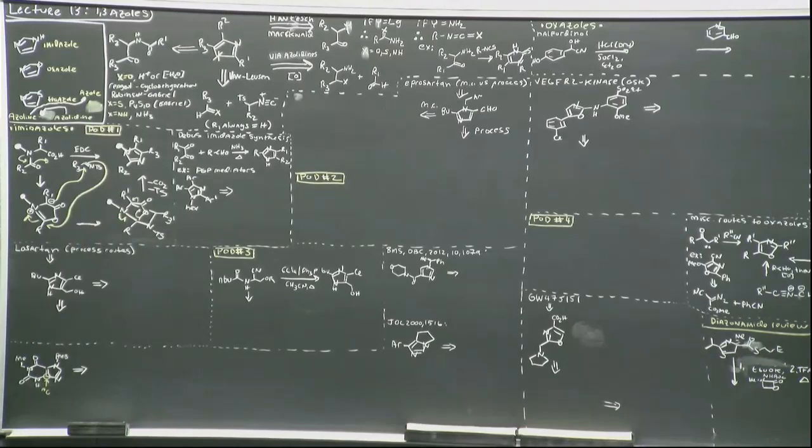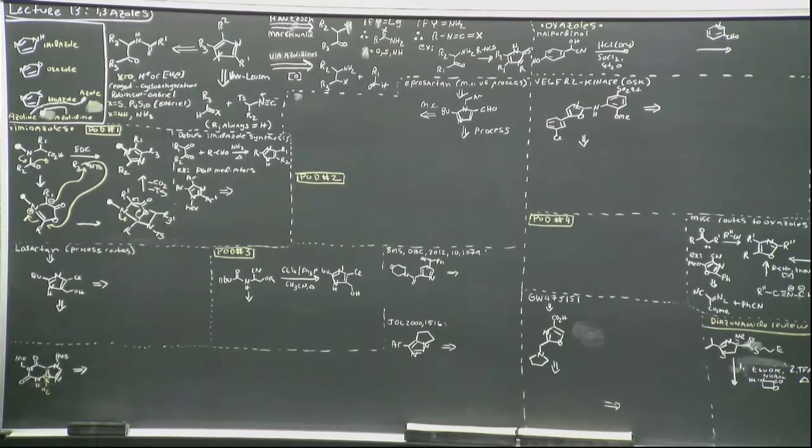And since we're on the topic of imidazoles, it kind of makes sense to go through the very first way people made imidazoles, which is the Debus named reaction. And it involves taking a diketone and using ammonia, heat, and an aldehyde. And out pops an imidazole.